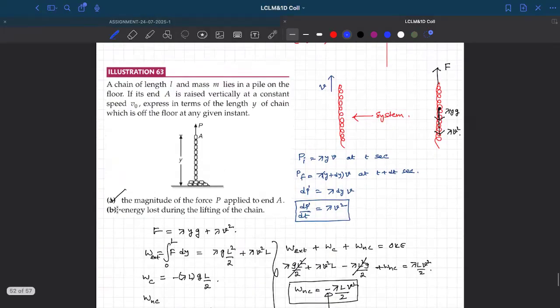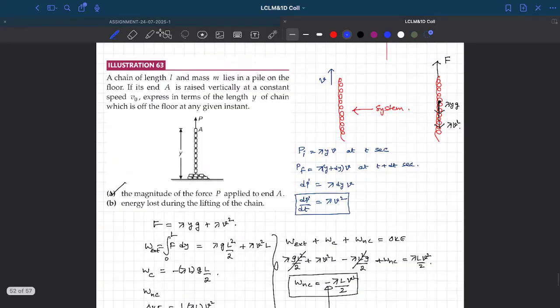Let us try to study what is happening here. See, at a given instant, I'm assuming this is my system.